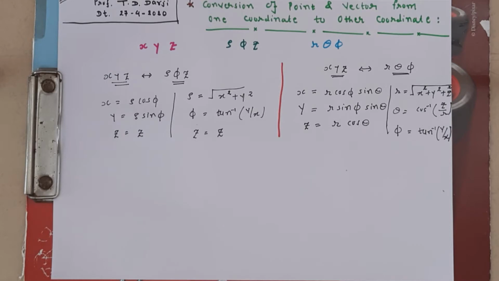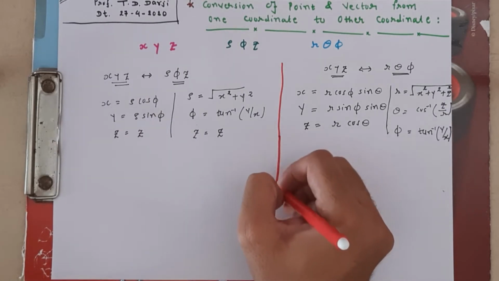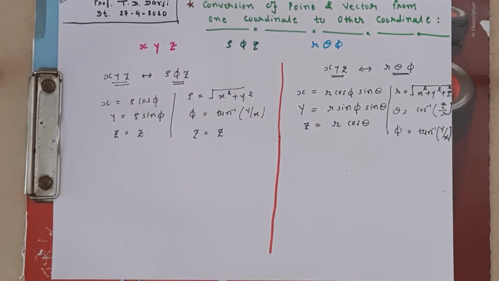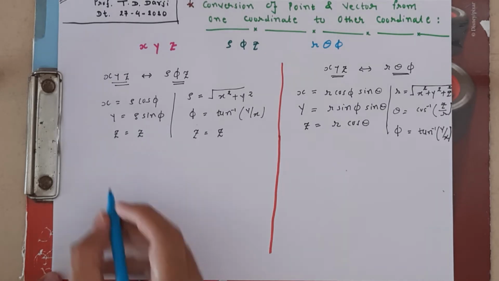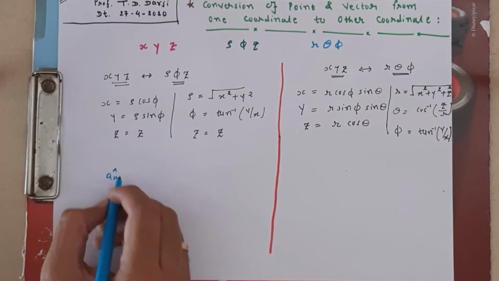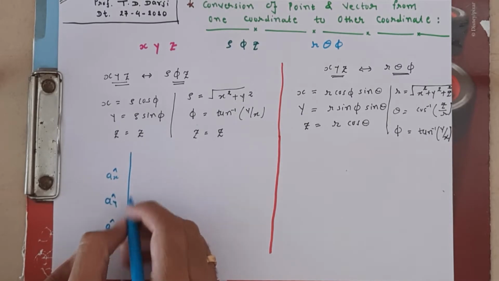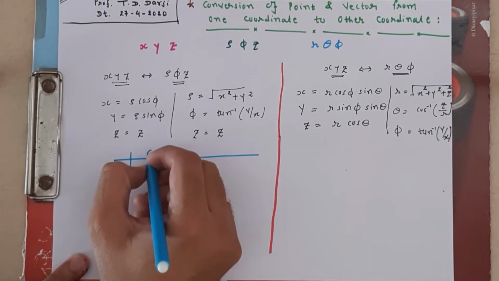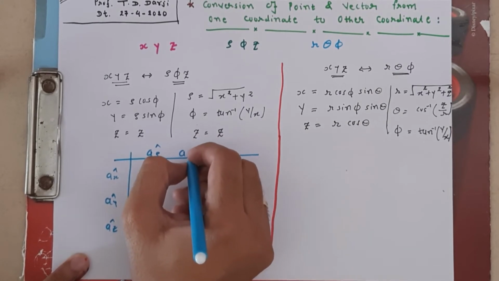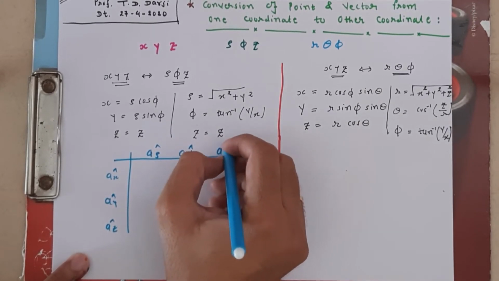We also write the relationship between unit vectors when we do the dot product. For the Cartesian and cylindrical coordinate systems, first of all I write their unit vectors: ax, ay, az in relation with a rho, a phi and az.